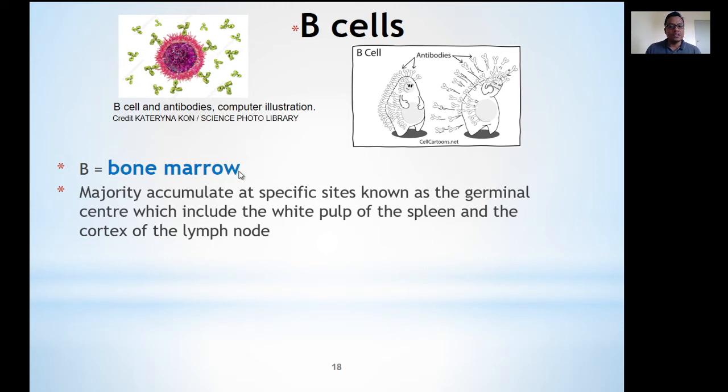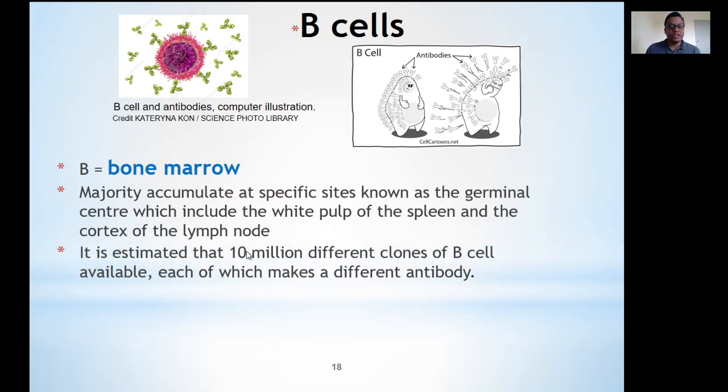Once the B cells become immunocompetent in the bone marrow, the majority of them will migrate to specific sites known as the germinal center, including the white pulp of the spleen and the cortex of the lymph node.